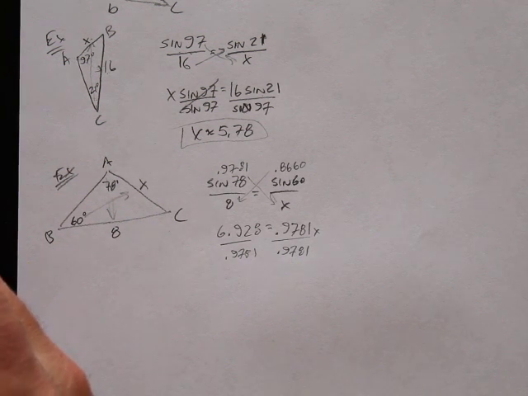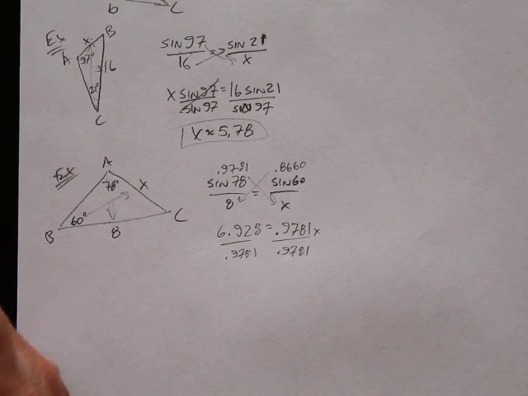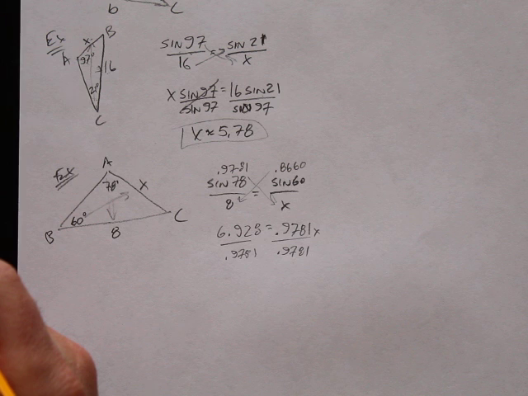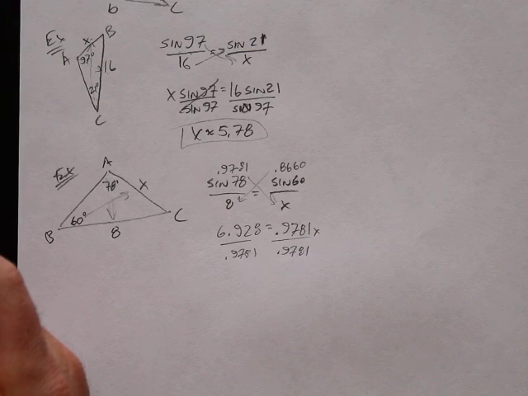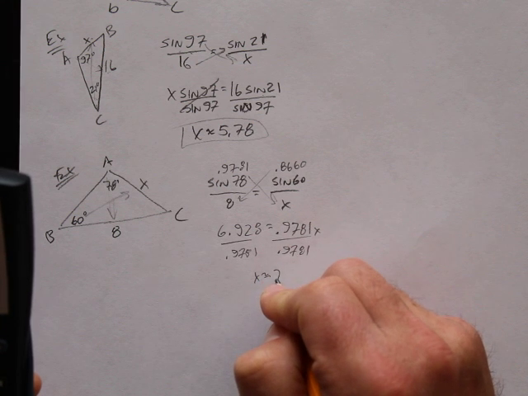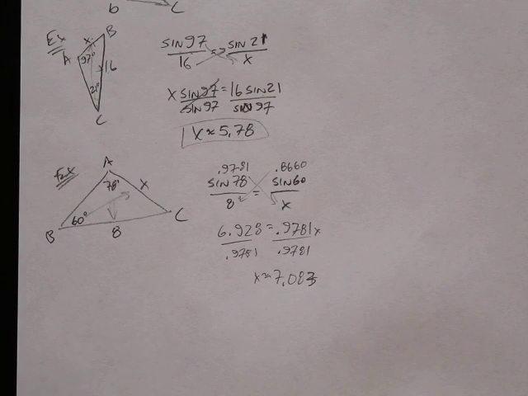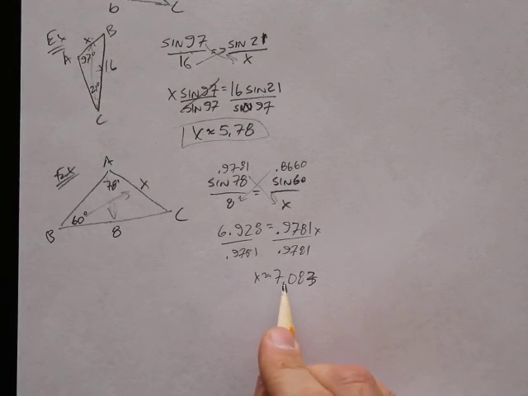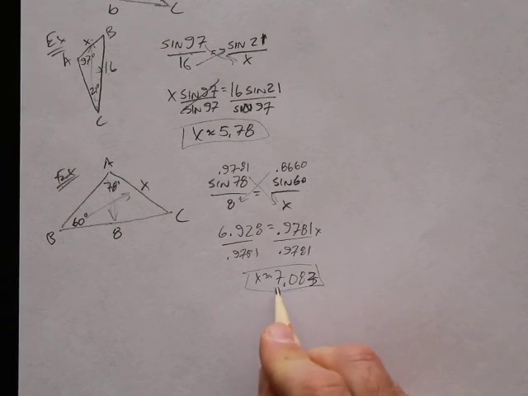And so 6.928 divided by 0.9781, I get approximately 7.083, which is about 7.1, depending on where they tell you to round.